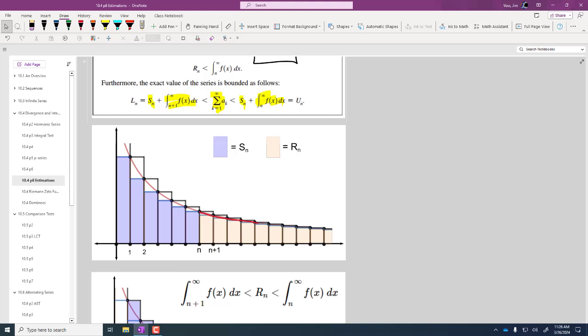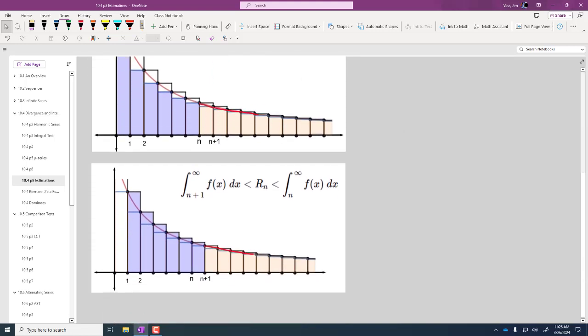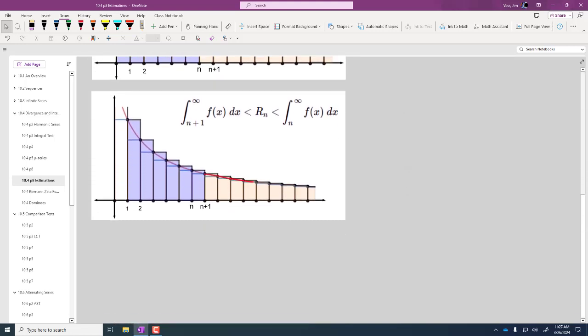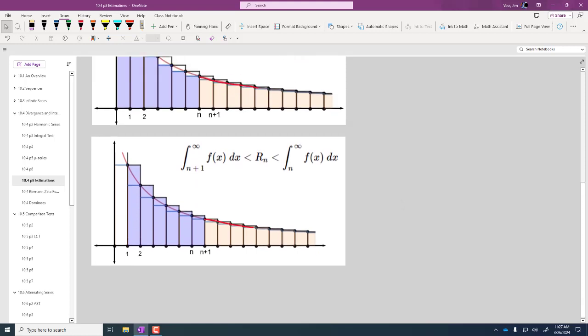We're not going to do that precision, but you can imagine looking at these two integrals and solving for n and giving you a sense of how accurate it is. At this point, we just want to sort of understand that if we've got this convergent series, you can come up with boundary values for the R sub n. And then in the real world, you'll figure out what that n has to be. Beyond the scope of this class.